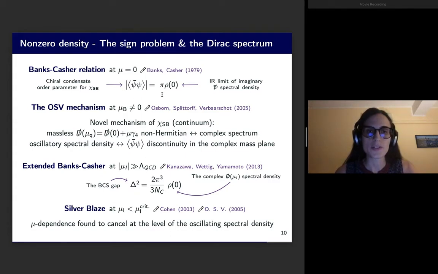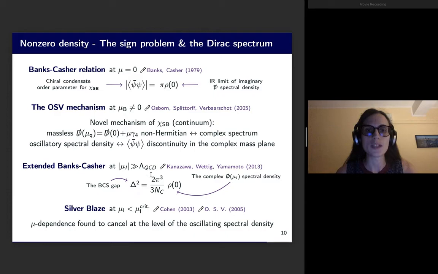This connection was generalized to the case of non-zero values of the imaginary chemical potential when these values are large enough, which was possible thanks to the fact that in this case, too, the fermionic determinant is real and positive.